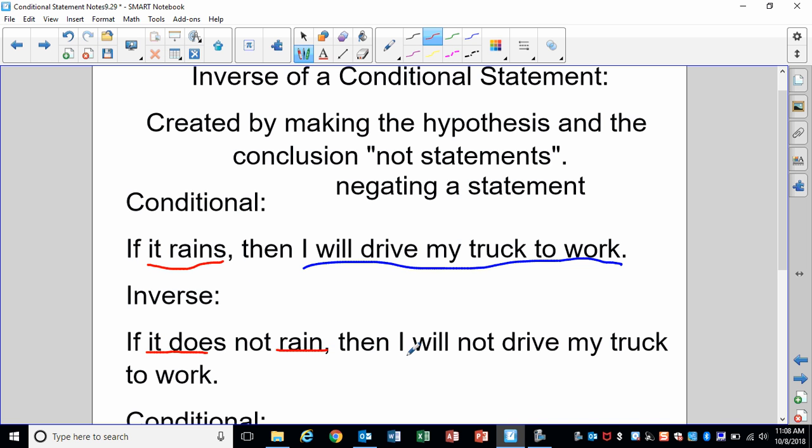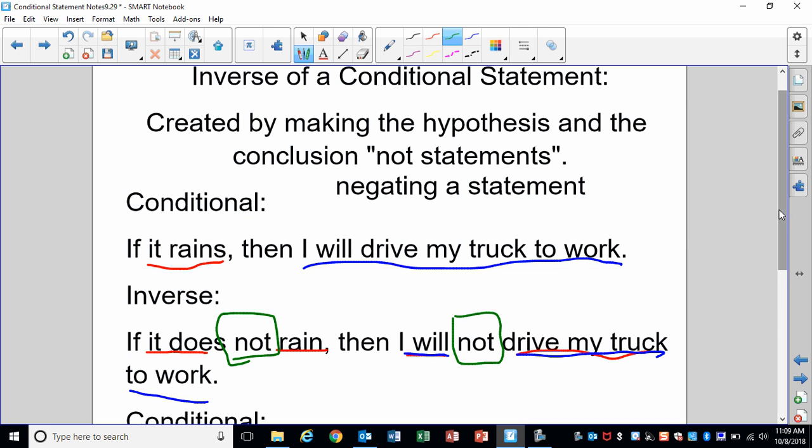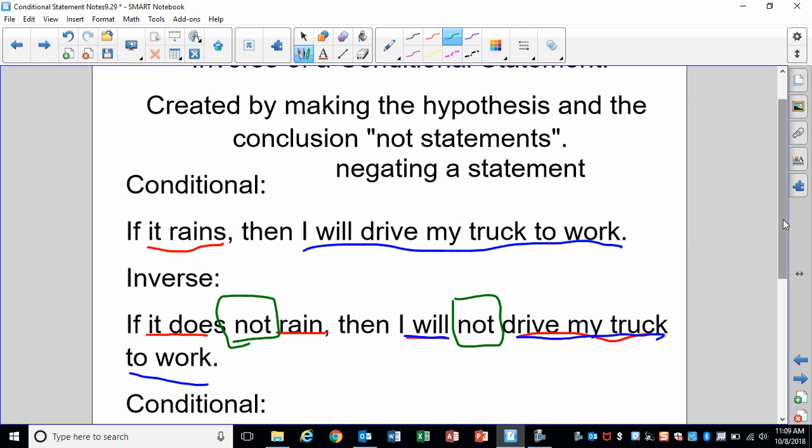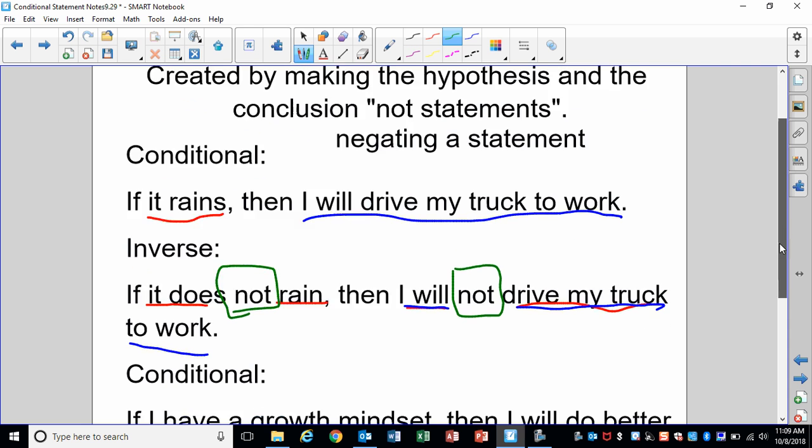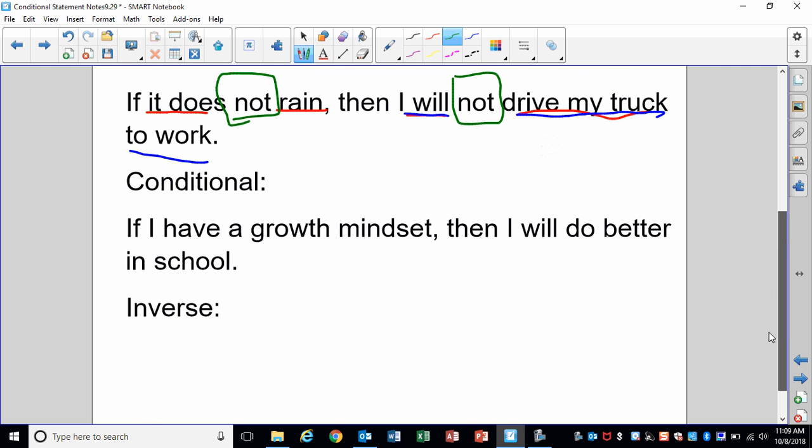If it does not rain, then I will not drive my truck to work. But in both cases, we added the word not. So that is the important part of an inverse statement, is adding in that word not.